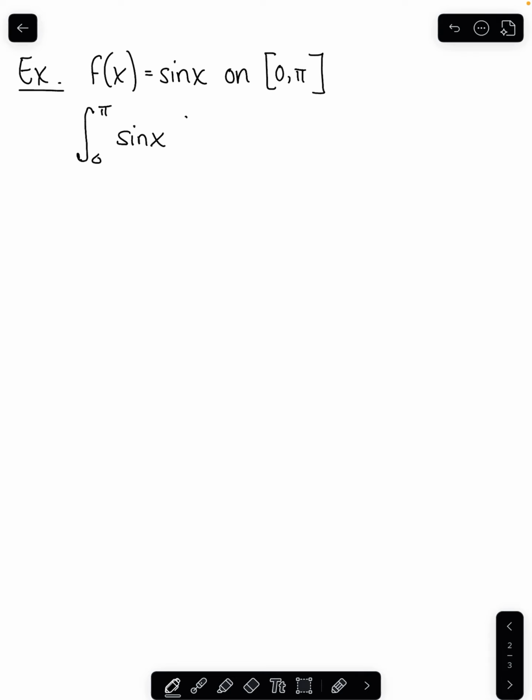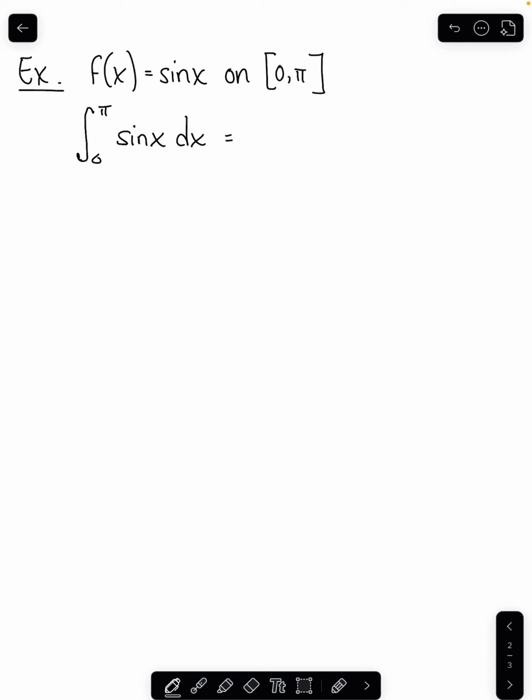Let's look at an example. We're going to look at f of x equals sine of x on the interval from 0 to pi. Now, this is a function that we can integrate easily enough because the antiderivative of this is quite simple.